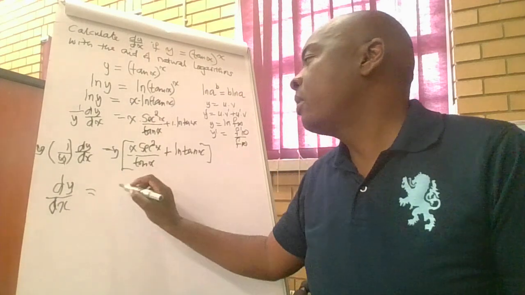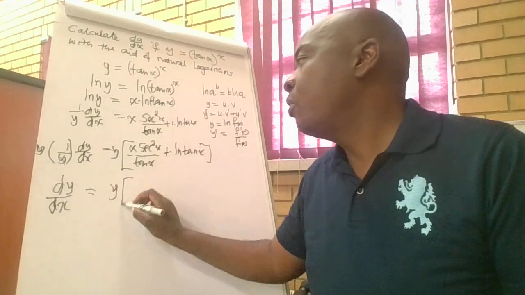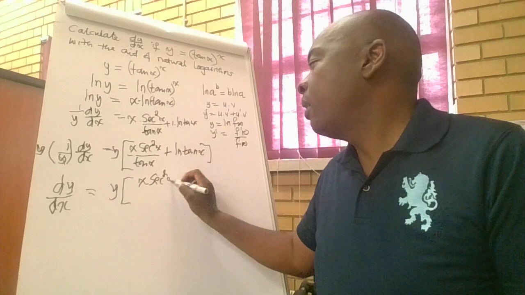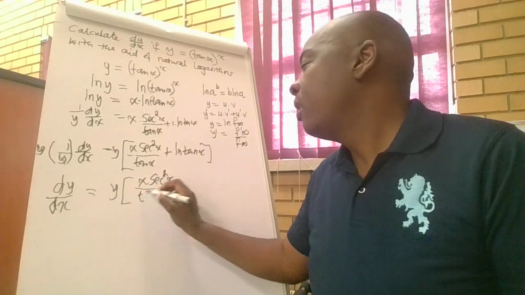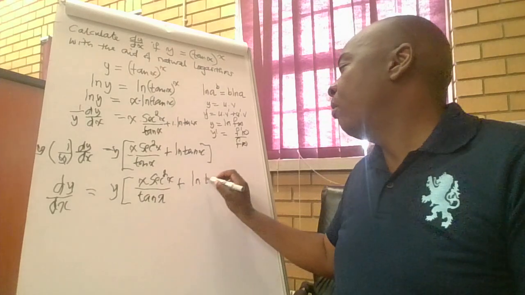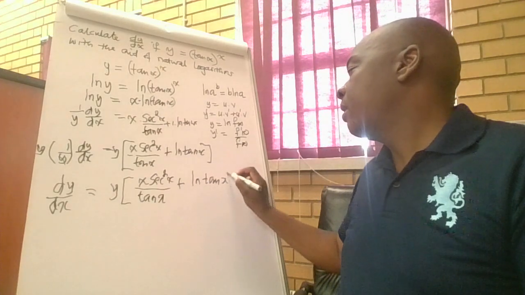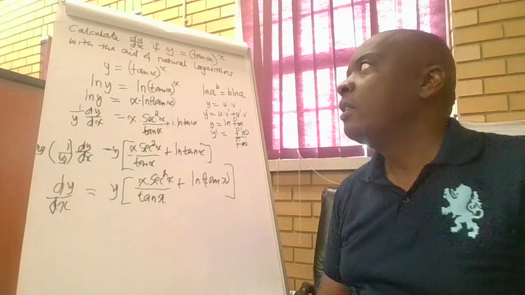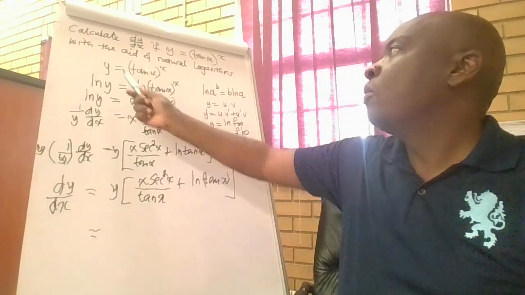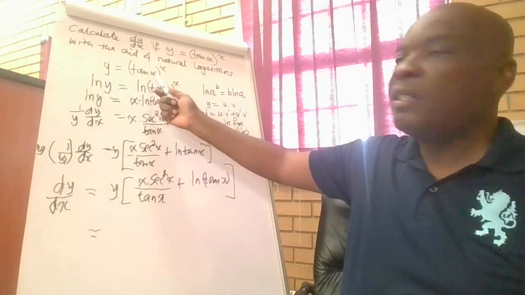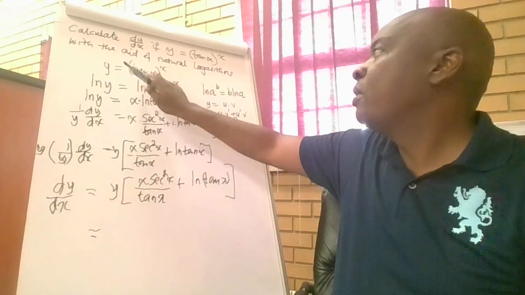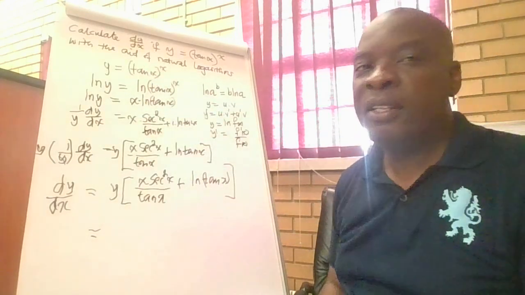So dy by dx is given by y into x sec squared x over tan x plus the ln of tan x, like that. And recall in the final solution here that y is actually the same thing as tan x to the power x. So I can replace this y with tan x to the power x.